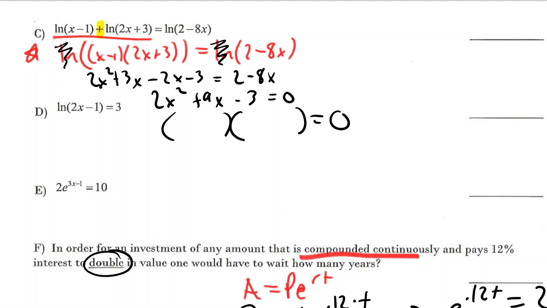And I'm going to hope that I don't have to use quadratic formula here. I'm going to hope that it factors, but I guess we will see. Yeah, so I should move that over too.